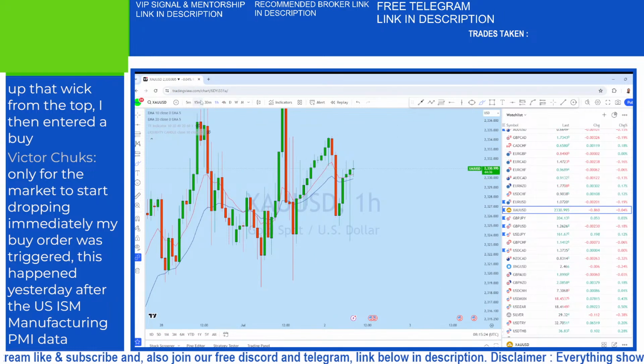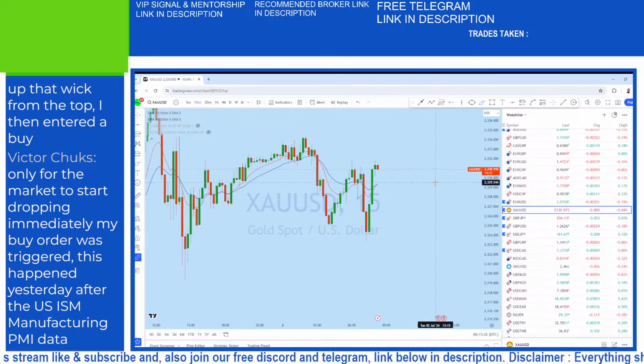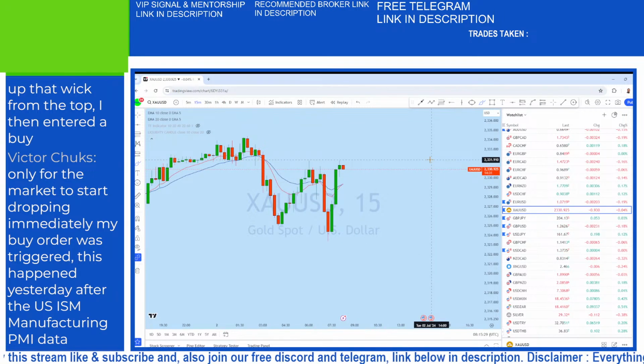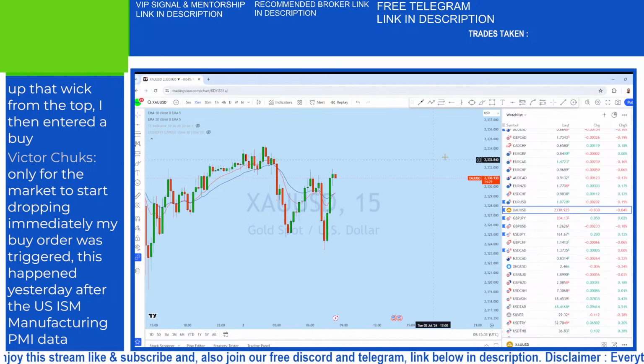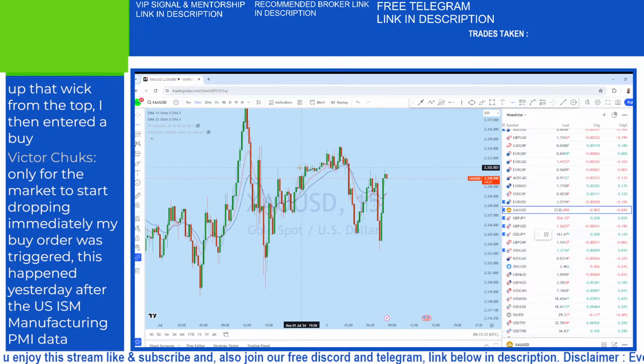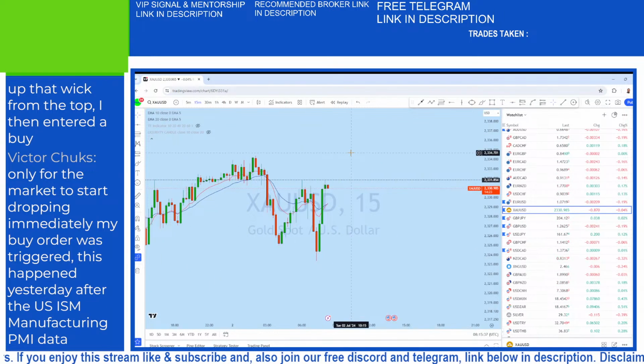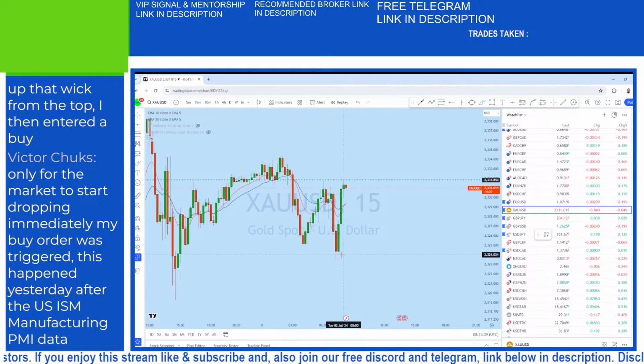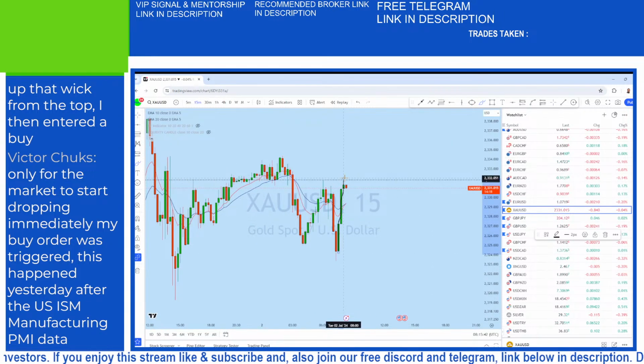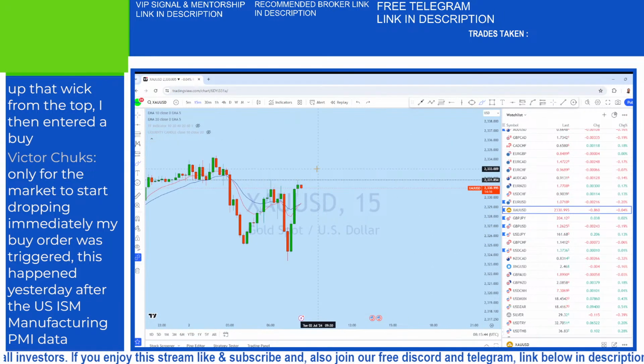Looking at the 15-minute chart, what you can see here is the resistance line. You can see the double top formation, and if you look here at 15 minutes, we can see that the market, this is an impulse.